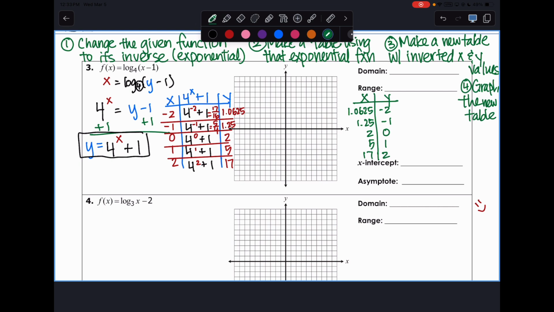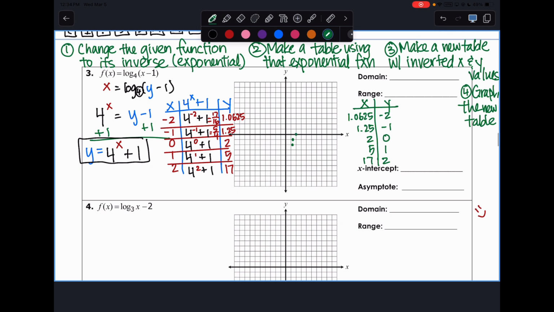Negative 1.0625 will be really, really close to it, to like 0.1, right? And then 1.25, negative 1. A quarter of the way in, and then 2, 0. And then 5, 1.